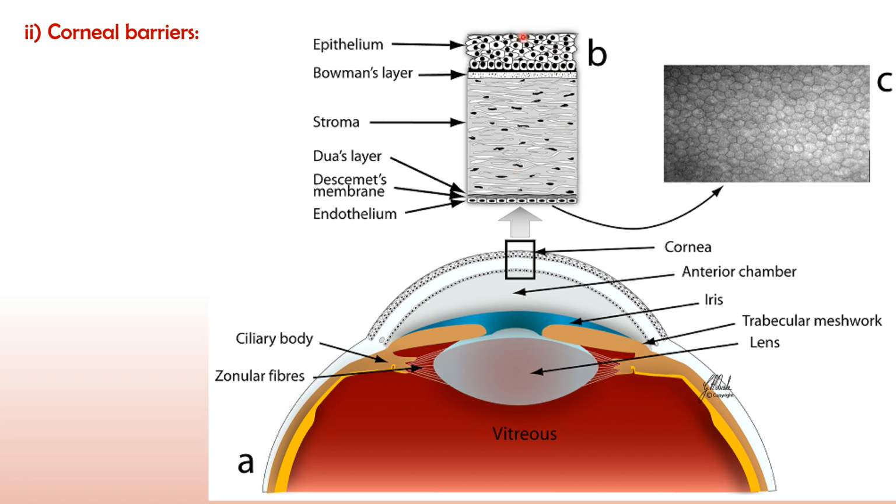So whenever you instill a drug, it has to pass through this lipophilic membrane and through this hydrophilic membrane. So this is the major barrier. We can overcome this by using a drug which has a good lipophilic and hydrophilic balance.